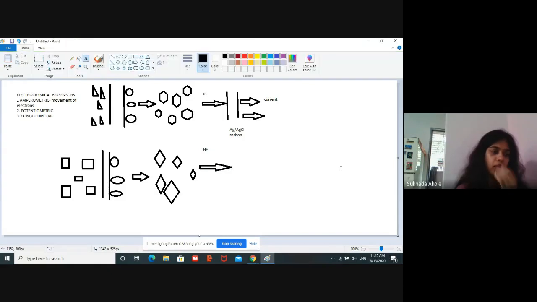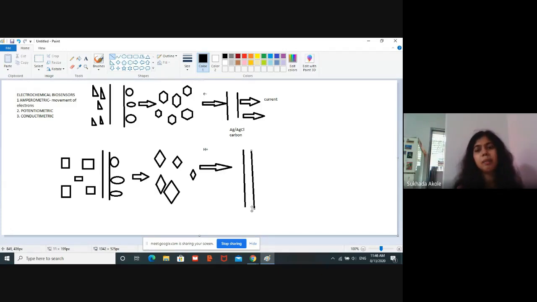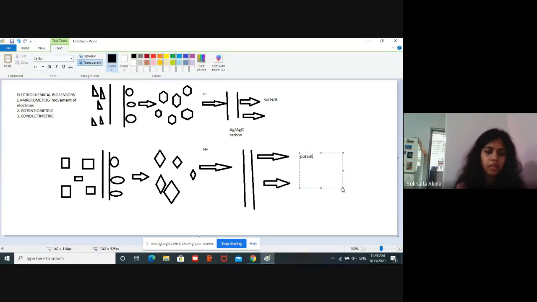So now I will have an electrode here like this, another one like this, where these are my potentiometric electrodes, and the end result would be that I have to measure the potential difference between the reference electrode and the actual electrode. So this is my potential that I have to measure.